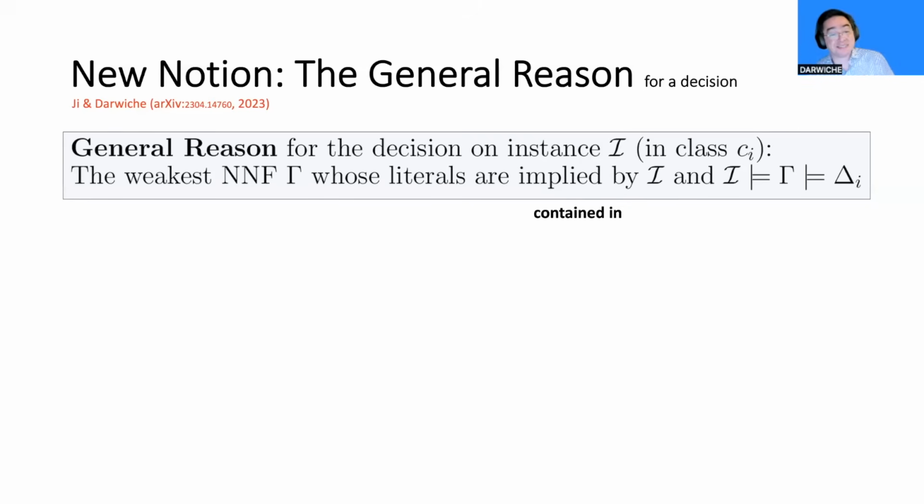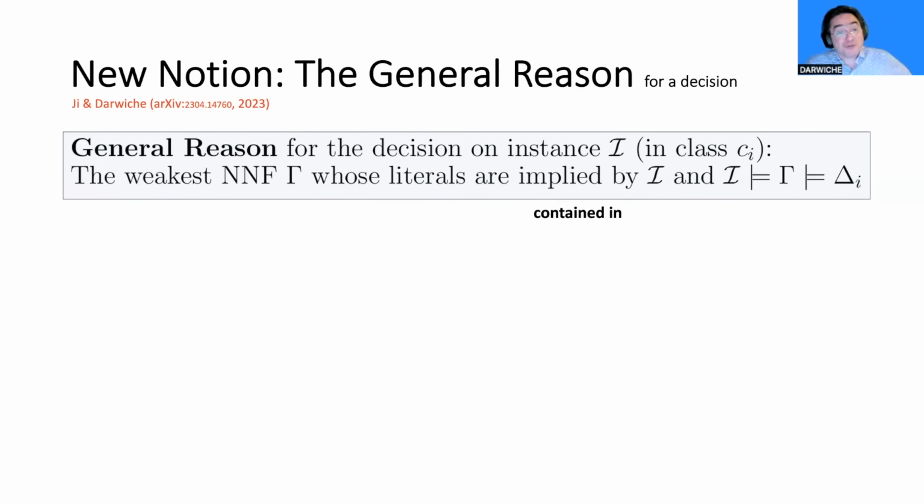And everything else is the same. You can only combine them using ands and ors. That's why you have an NNF. And I want whatever you come up with to be satisfied by the instance, so it qualifies as a description of the instance. I want it to imply the class formula. That is, it triggers the decision, and I want it to be the weakest one. So again, this is both necessary and sufficient for the decision under the current syntactic restrictions.